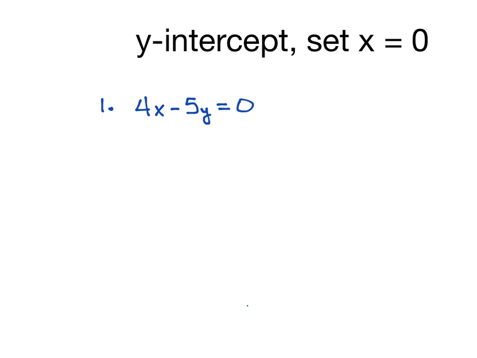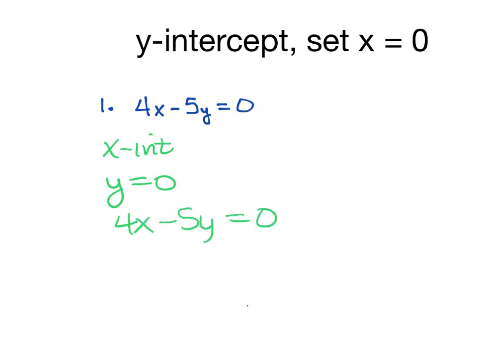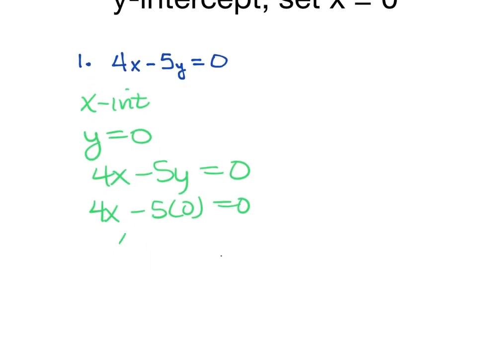Sometimes you're going to get a different x- and y-intercept, just like we saw in the previous slide. So for example, if I want to find the x-intercept, I'm going to set y equal to 0. So I'm taking my original equation, taking out the y, putting in a 0, and now solving for x. So I get 4x equals 0, because this is gone now. Divide by 4, x equals 0.